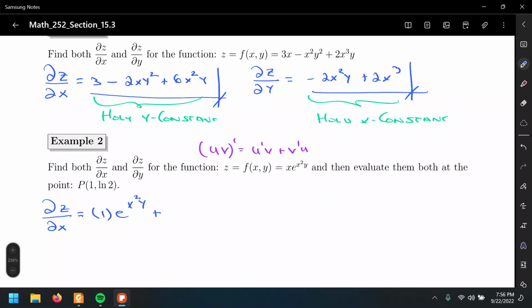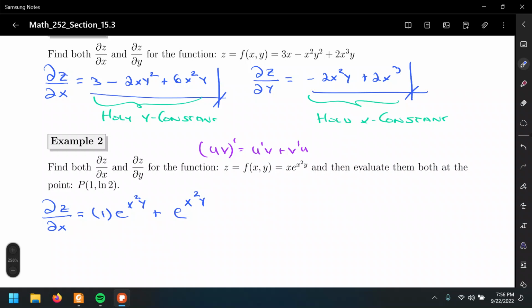The derivative of the exponential, again, is always itself, e to the x squared y, times, by mini chain rule, the derivative of x squared y with respect to x.